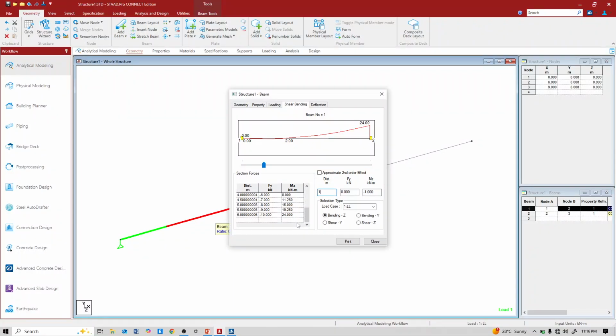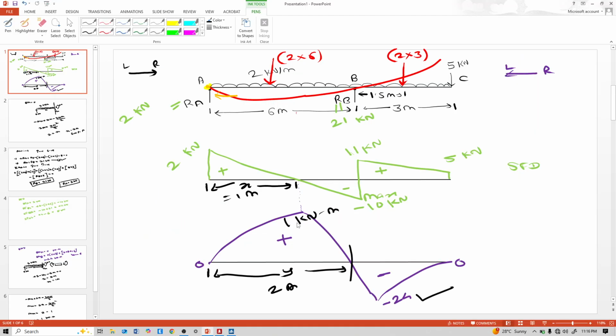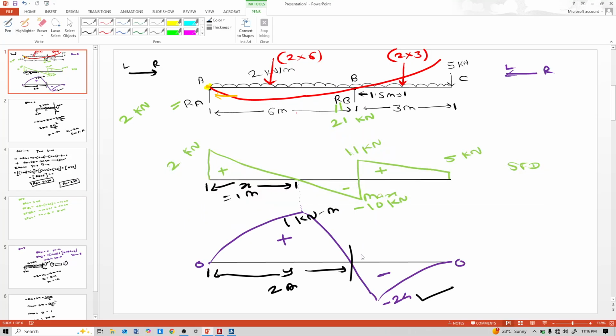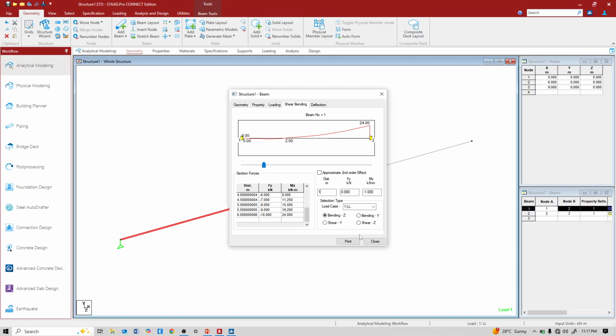Instead minus, that means it is sagging. So it is correct. Our analytical and numerical SFD BMD both match each other. So at point 2 meter bending is 0, see.